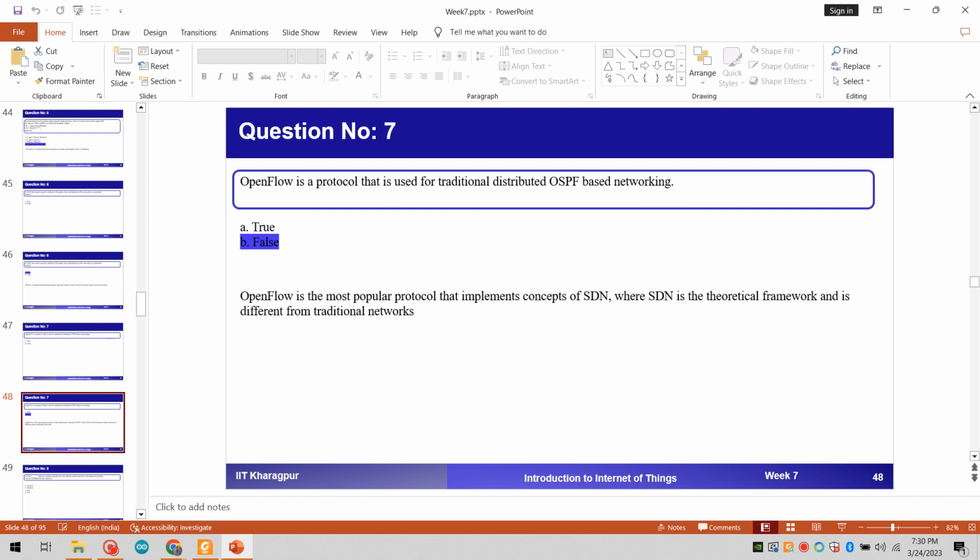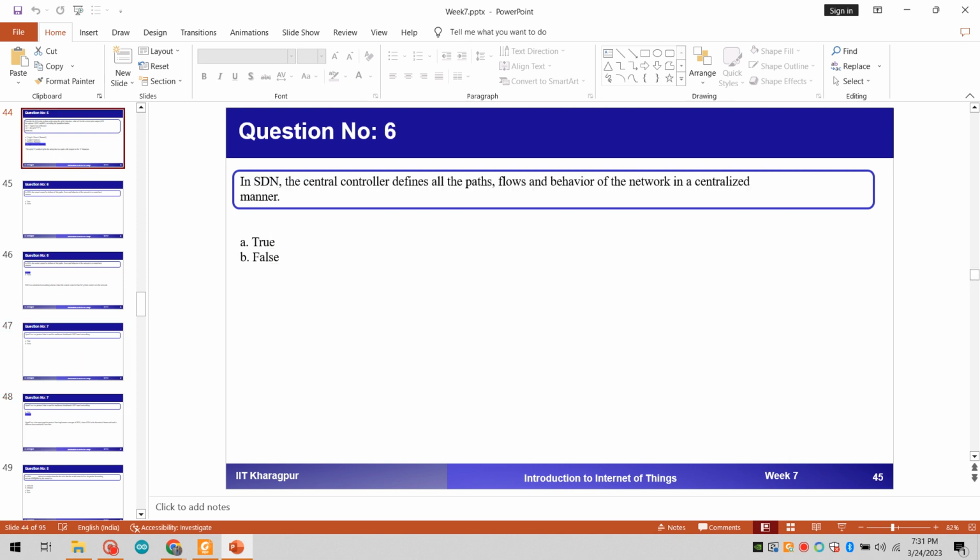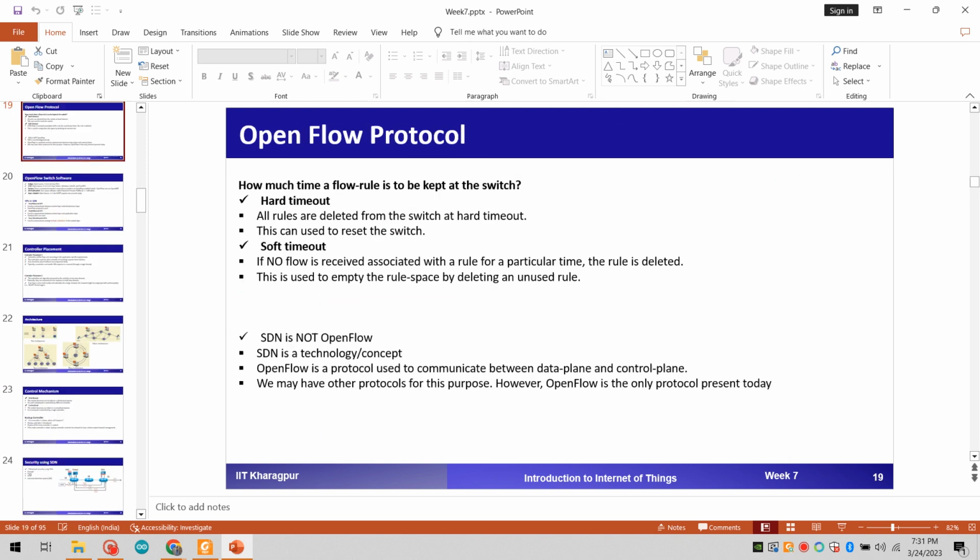Fine, you got my point. Basically, I'll reply once, and if you do not get it, then I'll continue. OSPF is a protocol which is used in your traditional networks. I have given you the diagram.